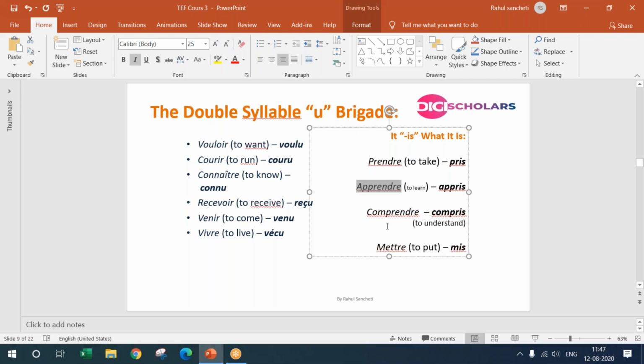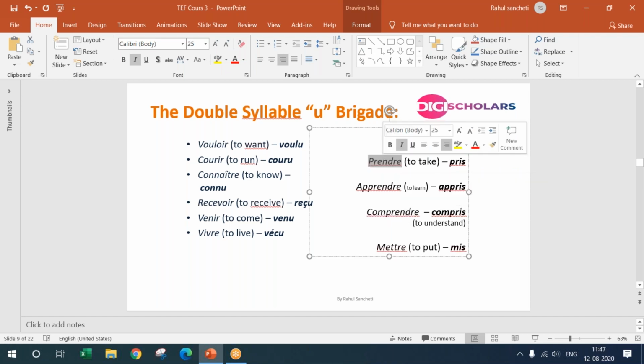Prendre is pris. The past participle is pris, taken. Prendre is to take, pris is taken. Apprendre is to learn, appris is learnt. Comprendre, if you see all of this, the verb is the root verb. PNDRE, PNDRE, PNDRE. So all of these are derivative verbs.